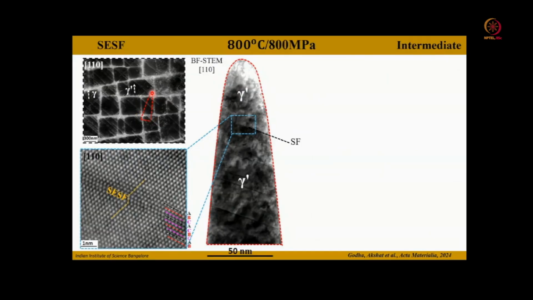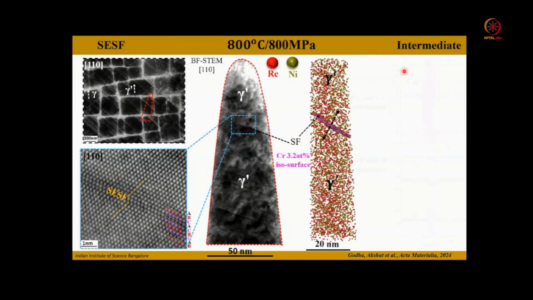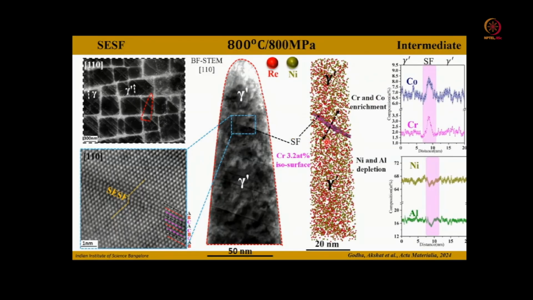Now what Akshat has done is he has identified those faults at macro scale. He has made an in-plane lift-out atom probe tip, where you can see this is a bright field image. You can see these dark regions, and in this particular region he has identified that these are all extrinsic stacking faults. Now, on the same atom probe tip, he performed the tomography where he has identified the stacking fault by plotting a chromium 3.2 atom percent isosurface.